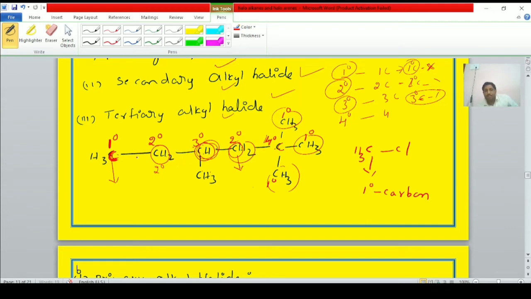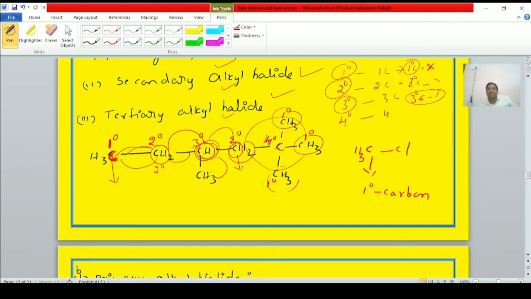Briefly once again, students. Primary carbon means the carbon atom bonded to only one carbon. Secondary carbon means the carbon atom is bonded to two carbons. Tertiary carbon means the carbon atom is bonded to three carbons. Quaternary carbon means the carbon atom is bonded to four carbon atoms.